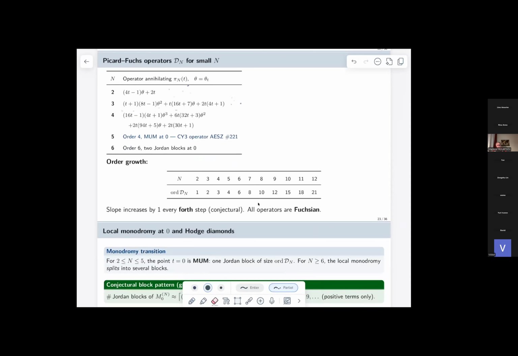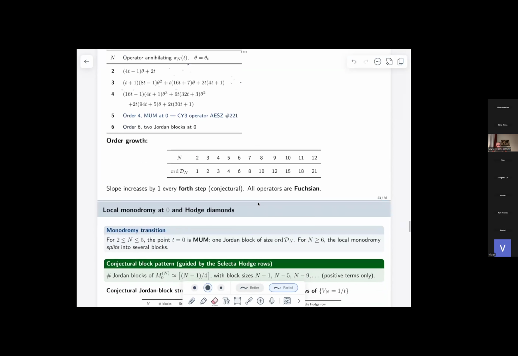But if you take n equal to 6, then the next differential operator which annihilates the kernel, K6, is no more MUM at 0. It's no more one Jordan block. It is a Jordan block of size 5 and 1. So a one-dimensional block appears at 6.